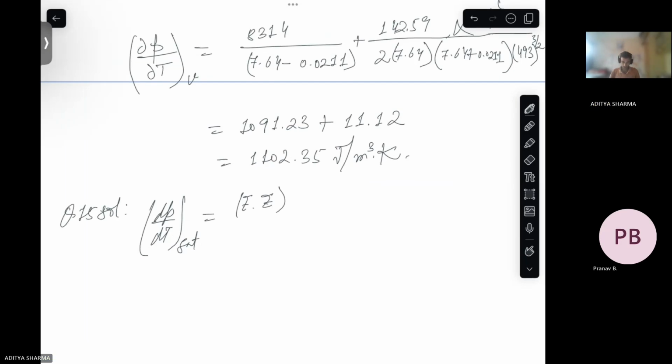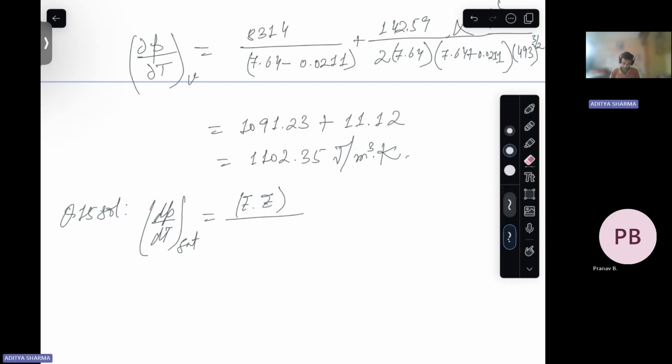That is also Hg minus Hf, right? Straightforward question.